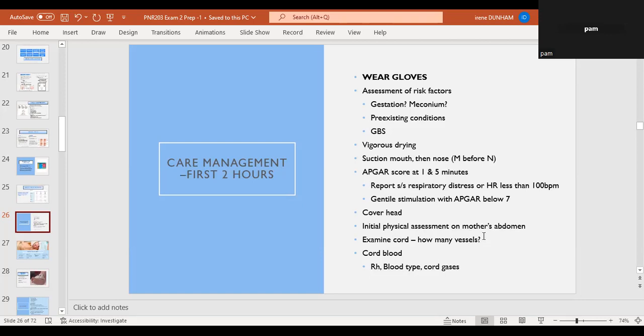There's 2 arteries and 1 vein. So remember that mnemonic AVA, right? AVA. And then you have cord blood, and you have to collect the cord blood. And we're going to test for RH and blood type. And of course, sometimes if the baby has had problems during the labor or had a hard delivery, had a long pushing stage, you might get a cord gas.